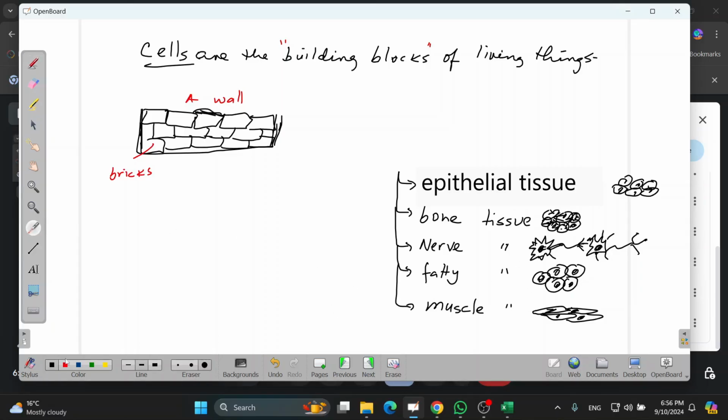Fatty tissue, a lot of cells full of fat grouping together, let's say around your belly. Right? There you have fatty tissue. Or on the thighs or buttocks. And these are muscle tissues like in your biceps or triceps, made up of muscle cells. See what I mean? So these are tissues which are made up of cells. Okay, guys?